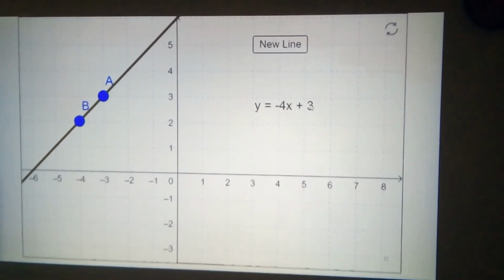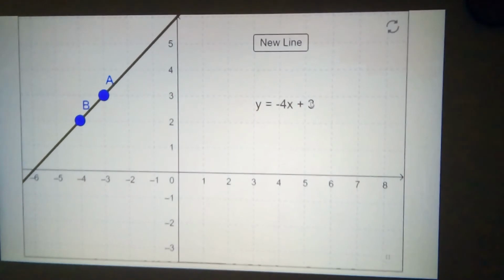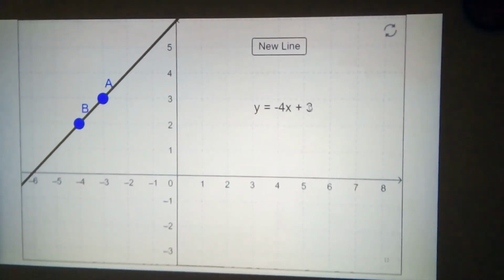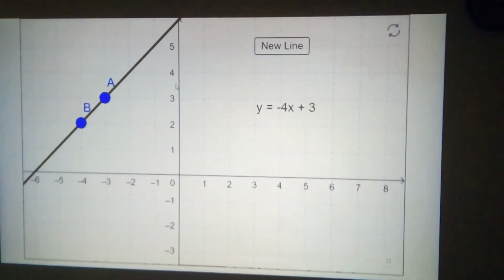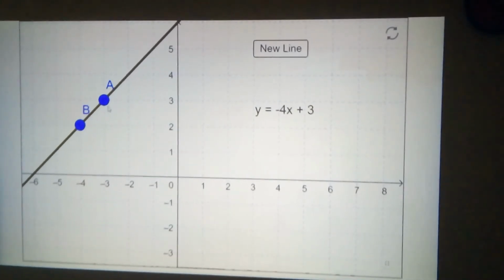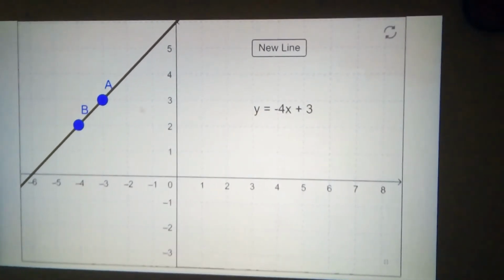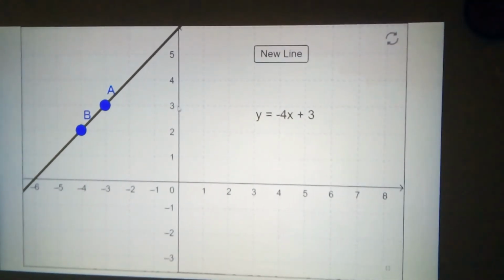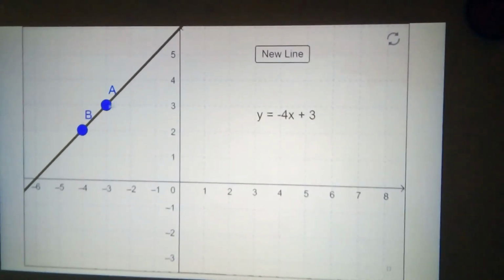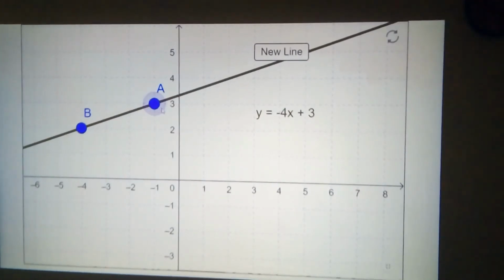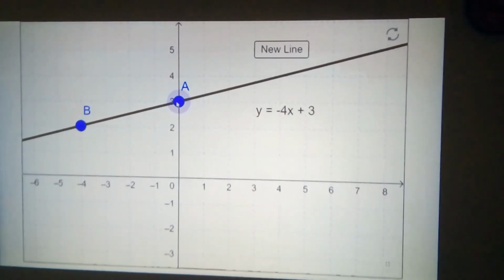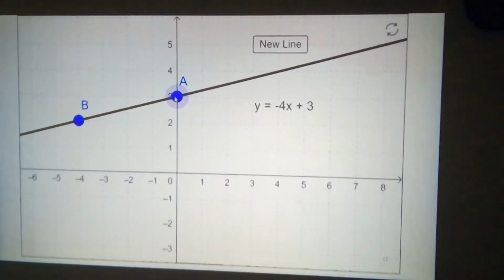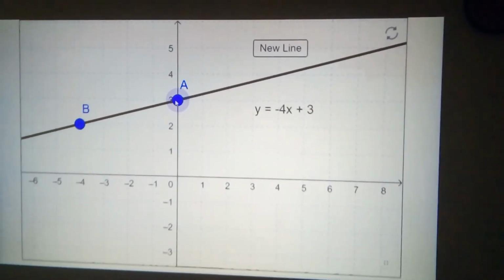And note that the y-intercept value is where the graph intersects the y-axis. So one of these points should be at +3 on the y-axis. That's right here, if you're following the mouse. So I pick any one of these points and I'm going to place it at 3. That's it. So I put point A at 3.